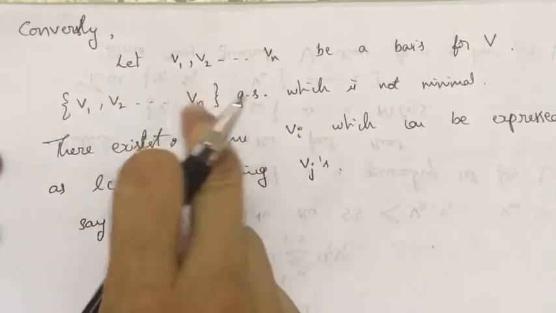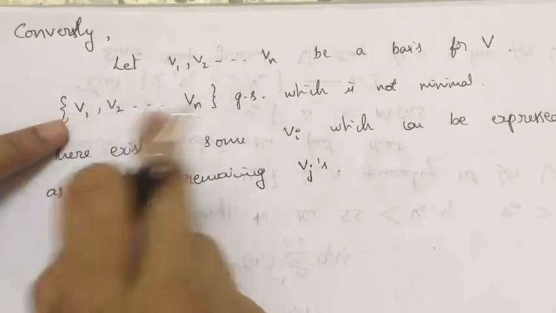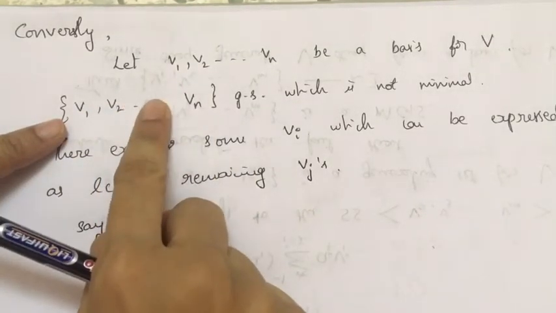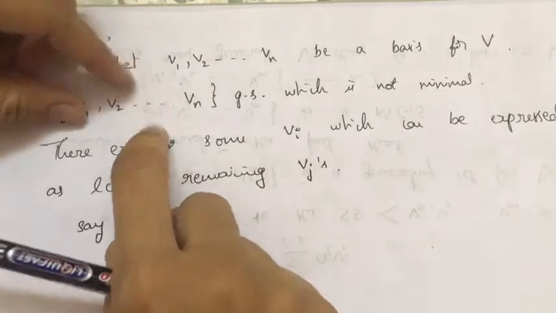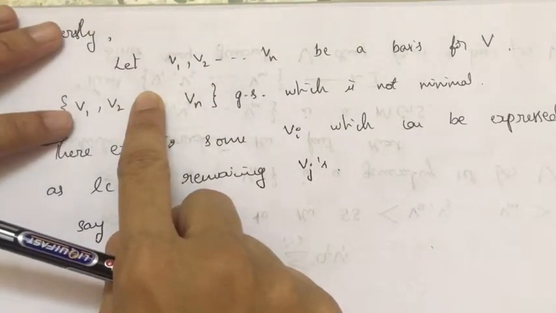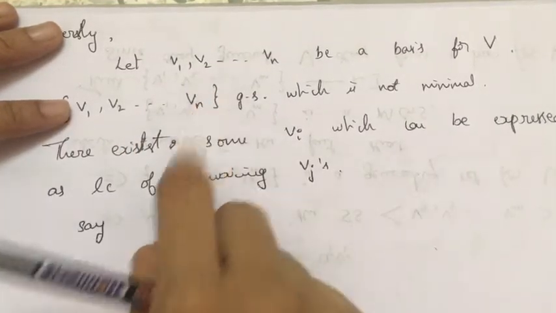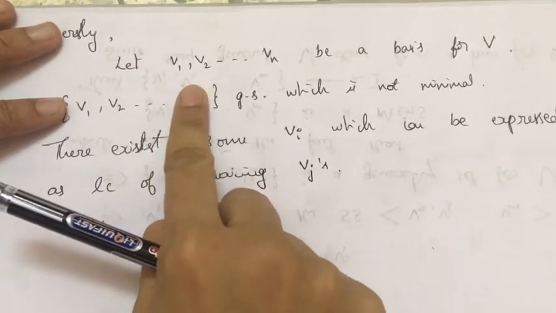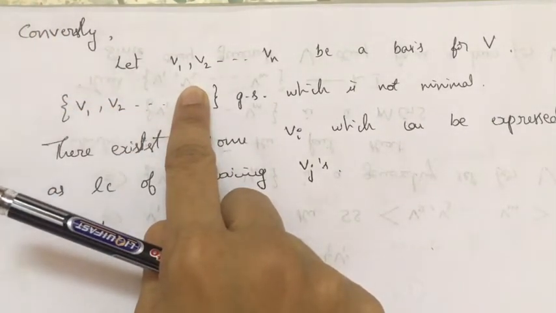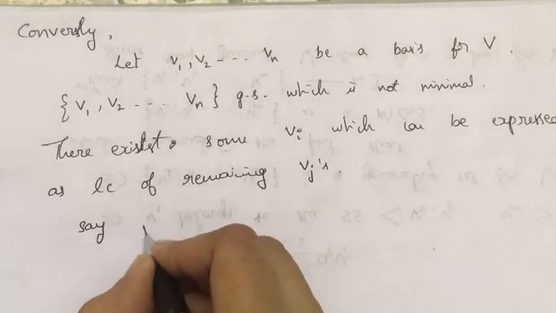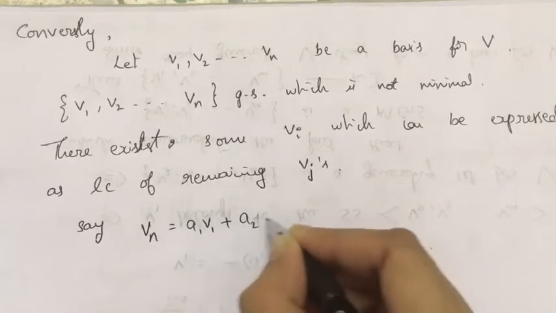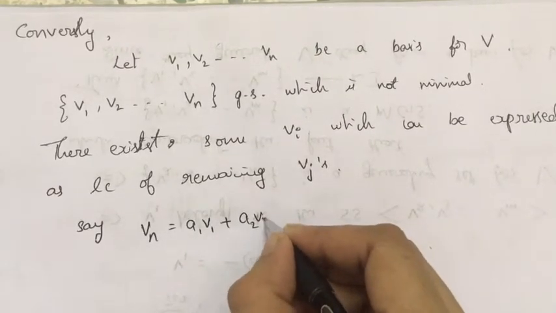Say, suppose this is the nth vector. If I say this is not a minimal generating set, then any one vector in this set can be written as a linear combination of the others. Here, for convenience, I'm just taking vn. This vn can be written as a linear combination of the remaining n minus 1 vectors.